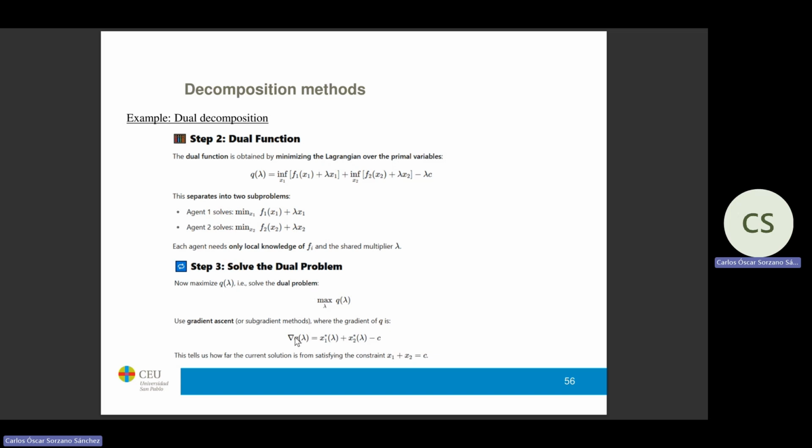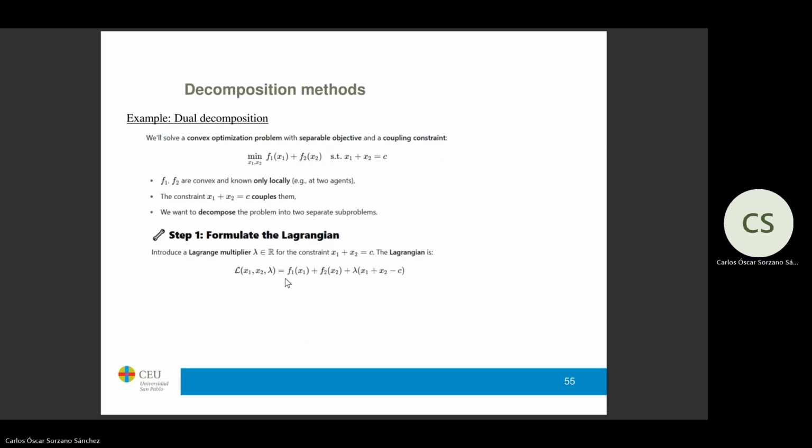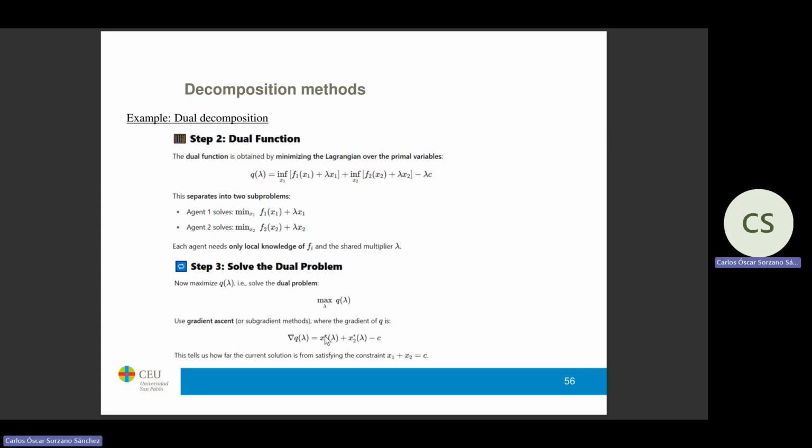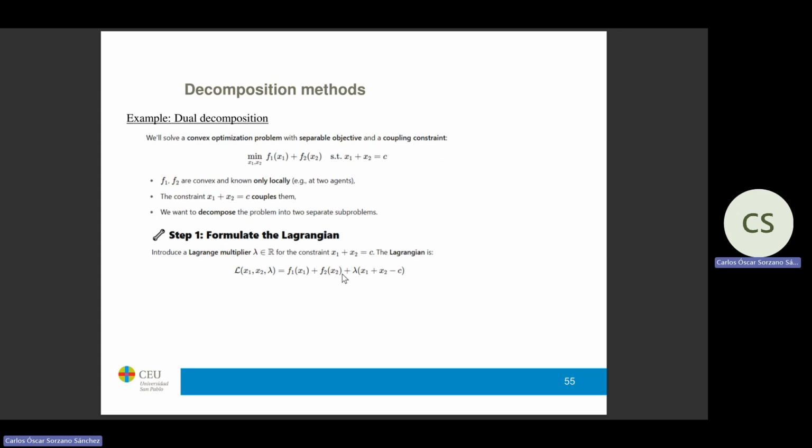And we have to compute the gradient of the dual function with respect to lambda. This part does not depend on lambda, and this does not depend on lambda. The gradient of this function with respect to lambda is just this coefficient: x1 star of lambda plus x2 star of lambda minus c. This is coming from the derivative of the Lagrangian with respect to lambda, which is very easy to compute.